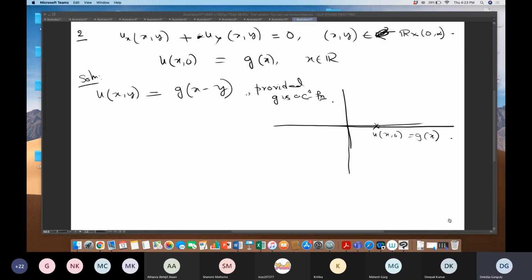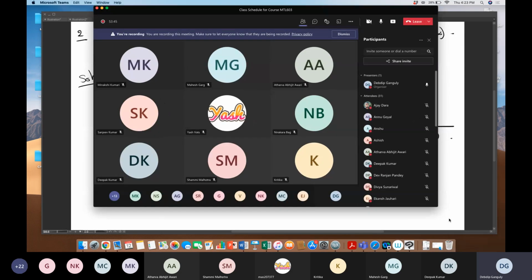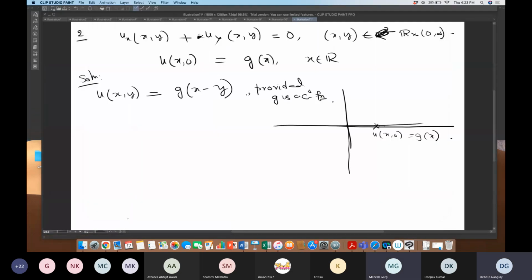Who will solve this? The same thing, a equal to 1. So how to solve this? Same thing, right? We just put a equal to 1 here. Yeah, that's it. So this is the solution. Okay.